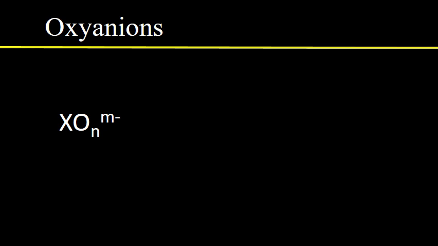All right, and then we'll look at oxyanions. Oxyanions are also polyatomic, so they're essentially just a subgroup of the polyatomic anions that we're just looking at. But these are ones that all have the same formula. There's some element here, a nonmetal like nitrogen, sulfur, phosphorus, something like that, and then some number of oxygens and a negative charge.